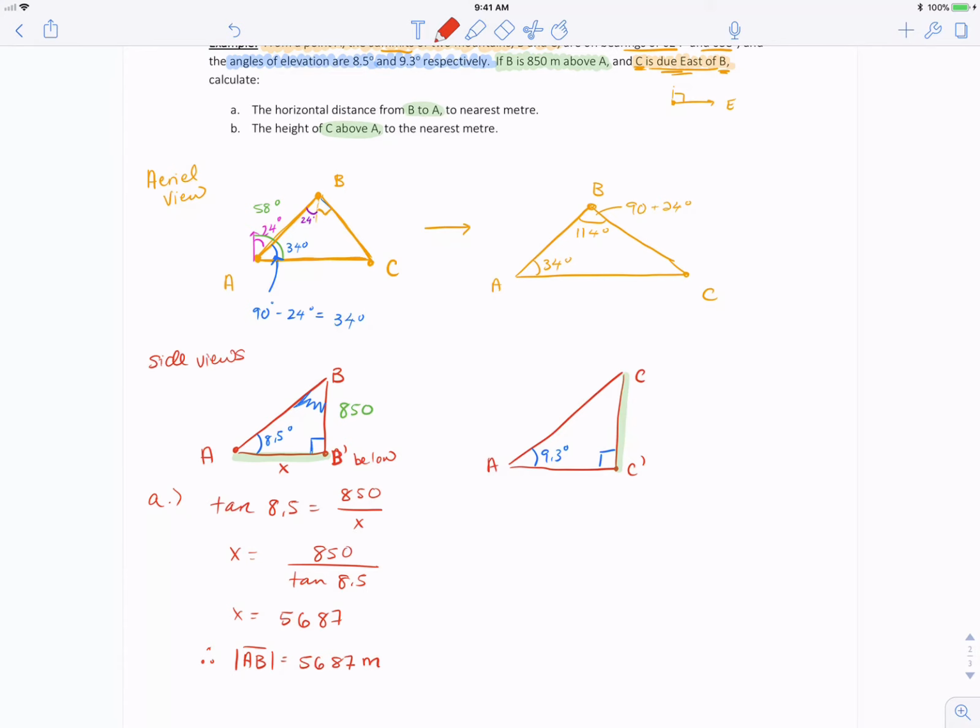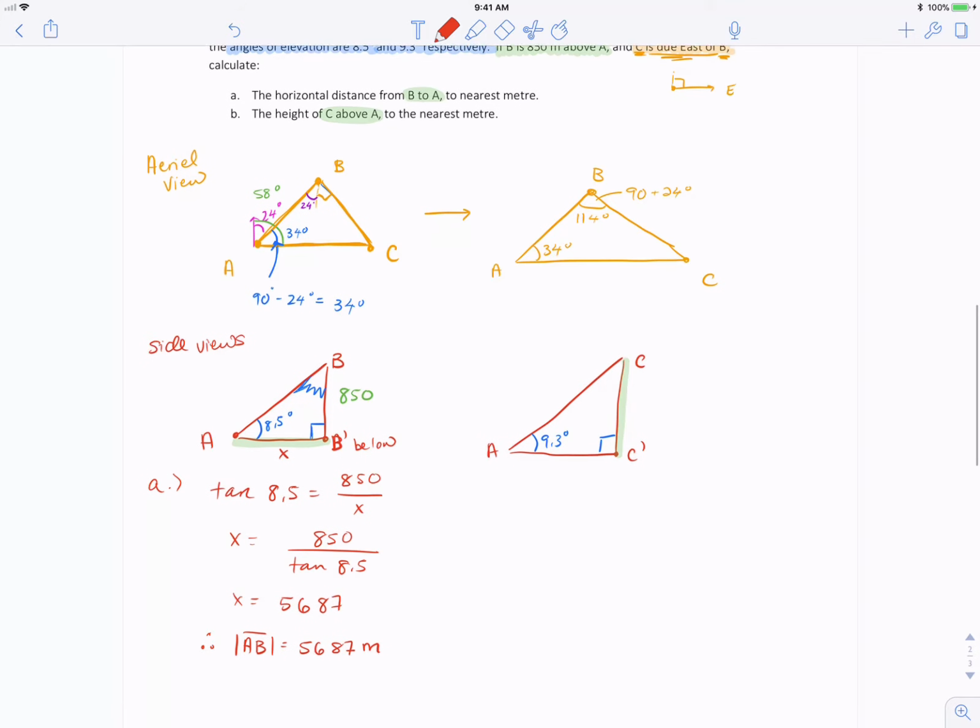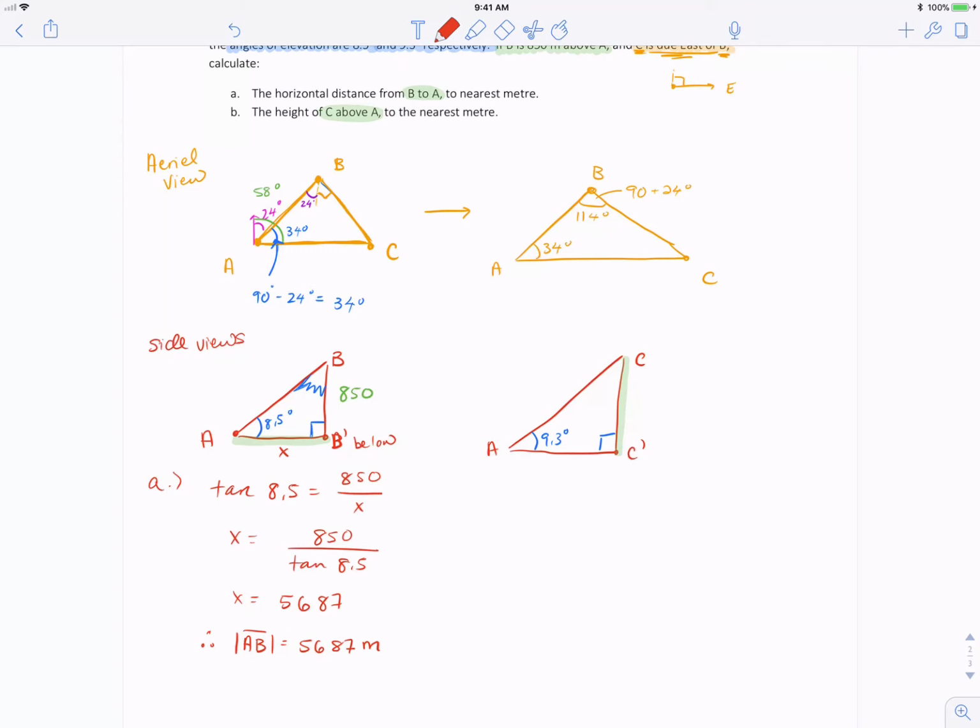From my aerial view, I can do a sine law. The reason being is I have the distance from A to B. So using that information, I can solve for these different side lengths. Right here. Solving for AB, I actually have that information here. So I can solve for length AB.